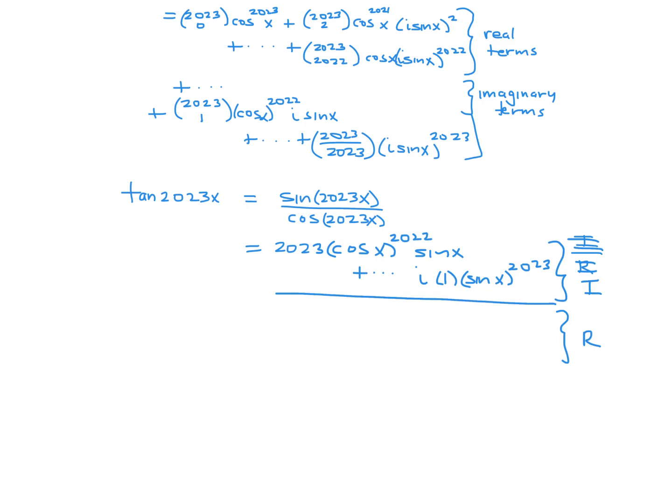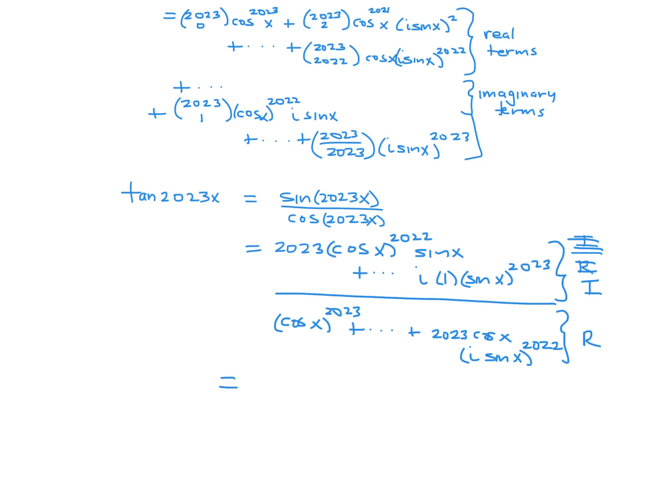No, sorry, 1 actually. 1 cos of x to the 2023. And then eventually you'll get to the last one, which would be 2023 cos of x, and then i sine x to the 2022, and then eventually that i would disappear because it would be i squared, which is -1.